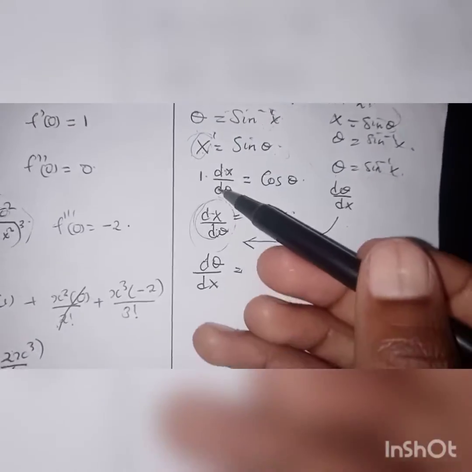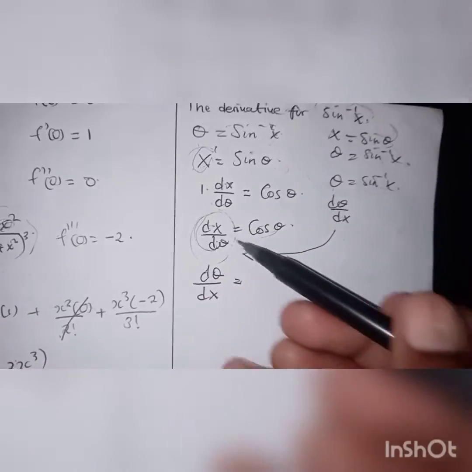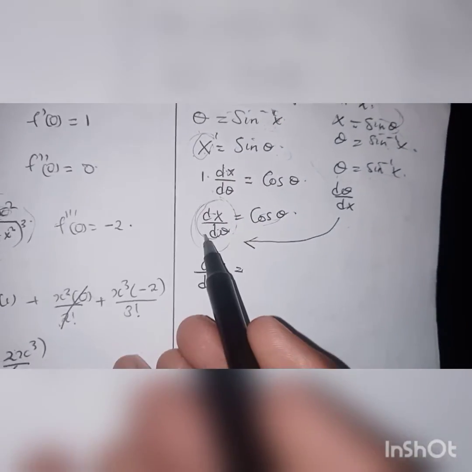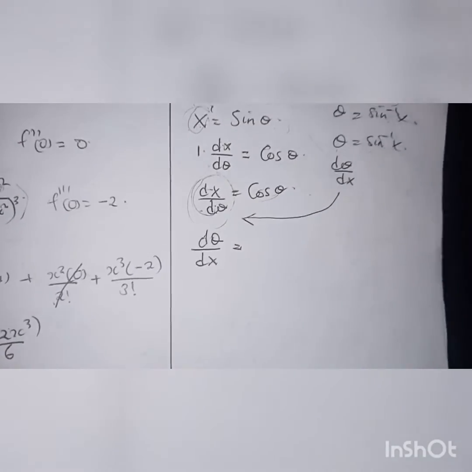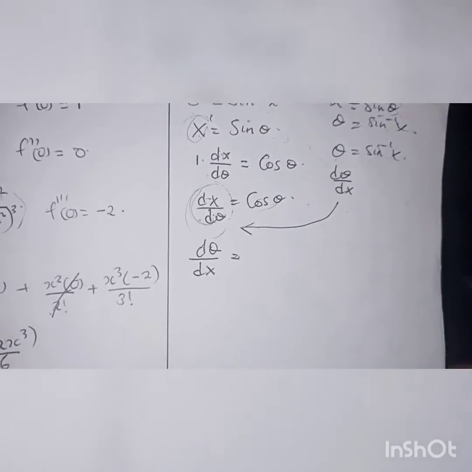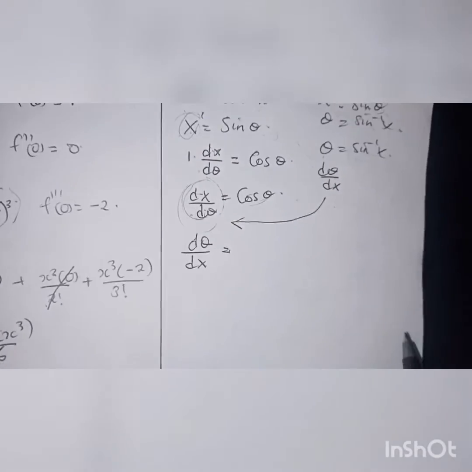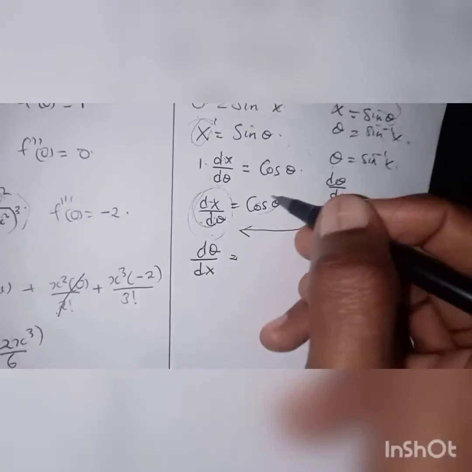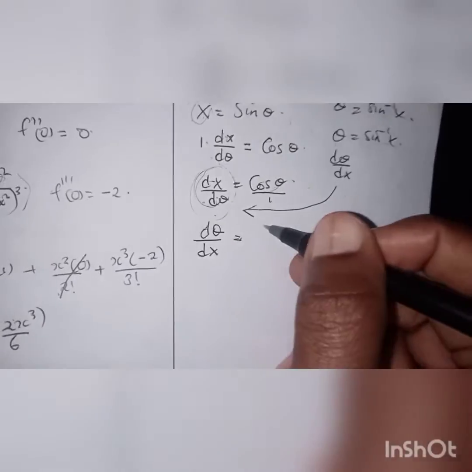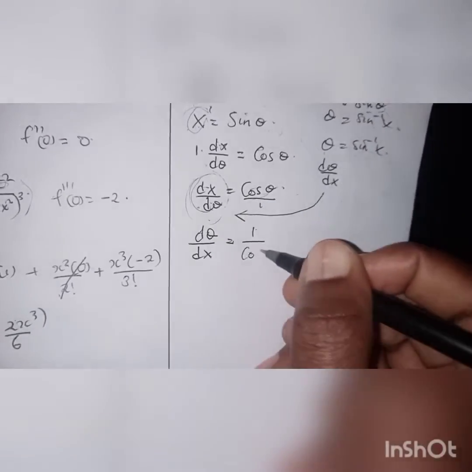Also mathematically, whatever you do on one side, when there's an equal sign, you have to also do on the other side, so that it can be mathematically correct, or you balance both sides. So balancing this side also, we take the reciprocal to be 1 over cos theta.